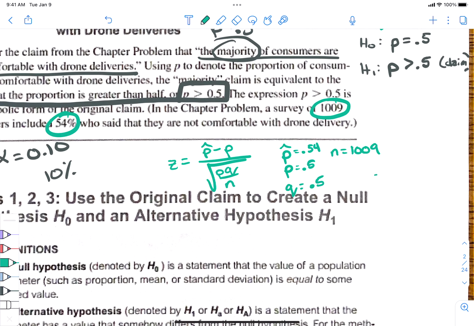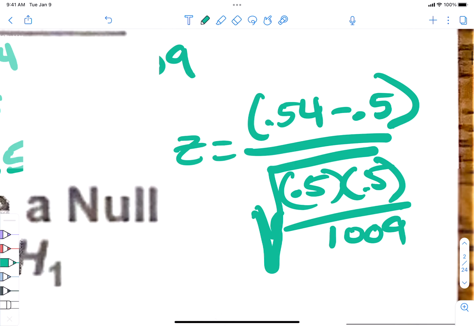Z equals 0.54 minus 0.5 over the square root of 0.5 times 0.5 over N. Is this going to be a positive Z value or a negative Z value? What number are we comparing? 54% in comparison to 50%.